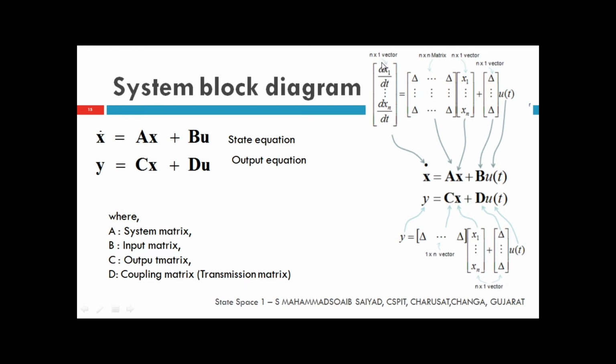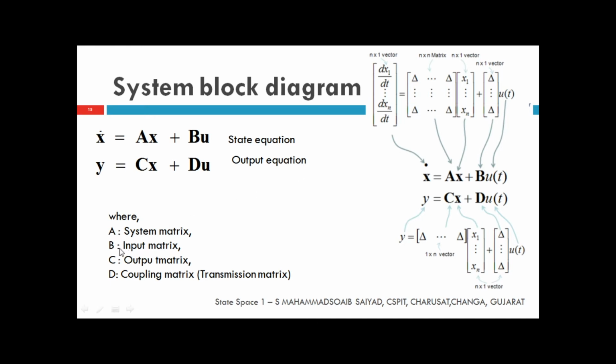Okay, so there will be an n cross 1 vector, an n cross n matrix, and so on, and we will have B, C and D. So this one is your state equation, and this will be your output equation.